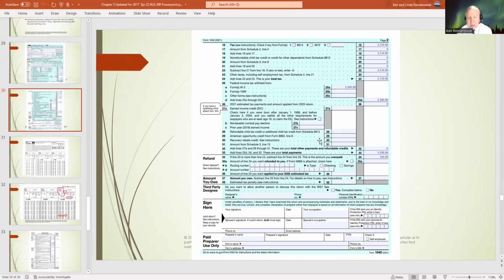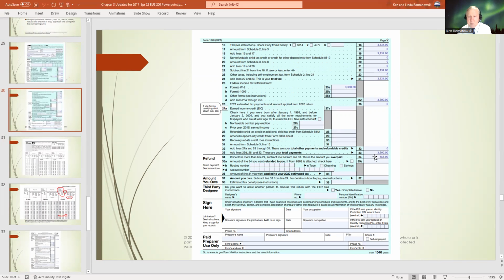And since he doesn't have any other type of adjustments or credits, there's nothing to adjust. So now his total payments that he made were $3,300. So he owes $3,134. He has had withheld from his pay $3,300. So he's going to get now a refund from the IRS of $166.